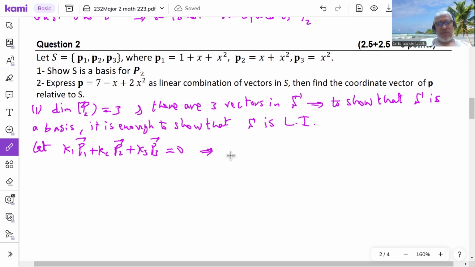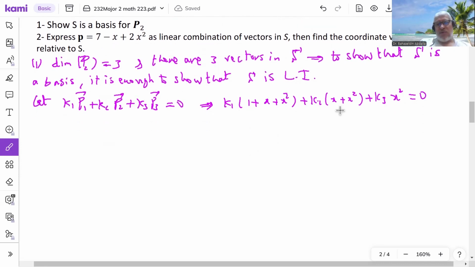Let us write K1 times P1. What is P1? It is 1 plus x squared. And P2 is x plus x squared. And P3 is x squared, equals 0.